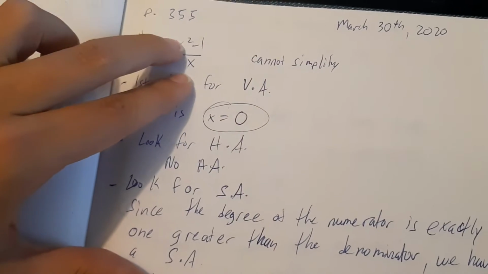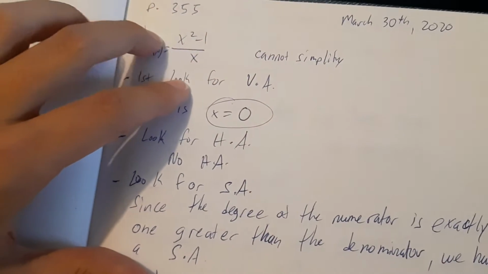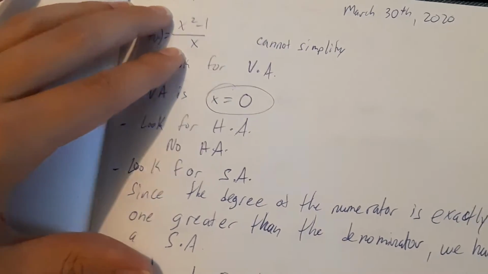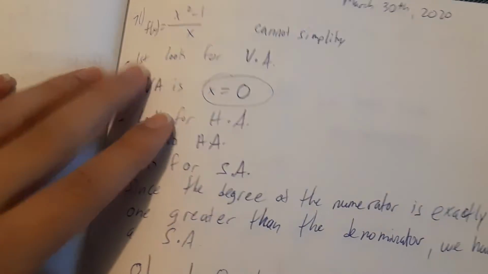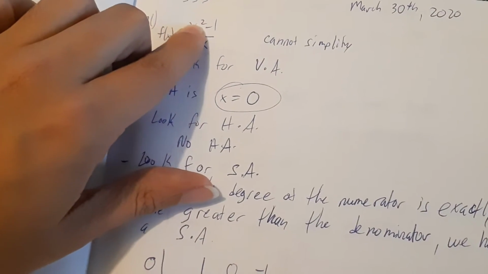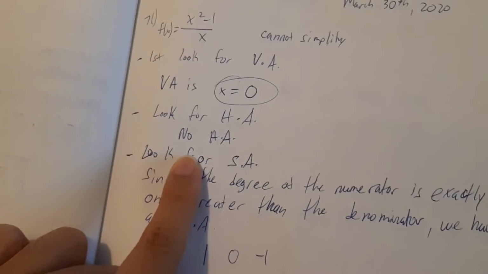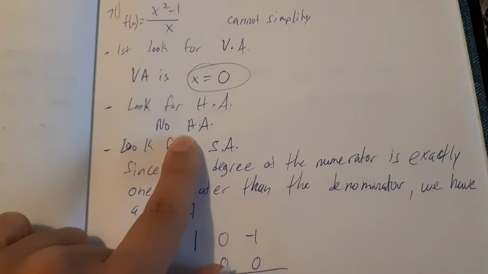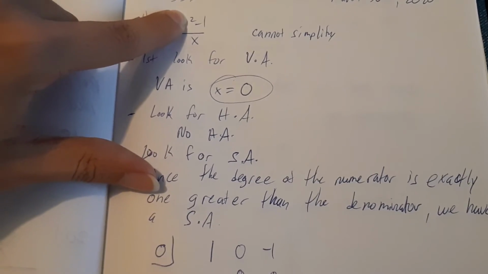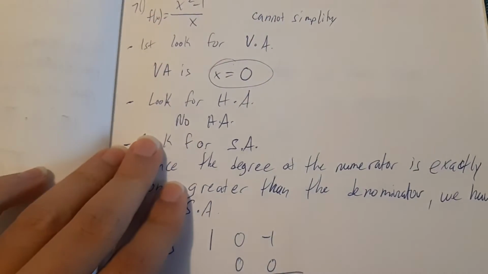If both exponents are the same, we have a horizontal asymptote where we divide the coefficients. And finally, if the numerator's exponent is greater, there's no horizontal asymptote, which is this case, because the numerator's exponent is greater than the one from the denominator.